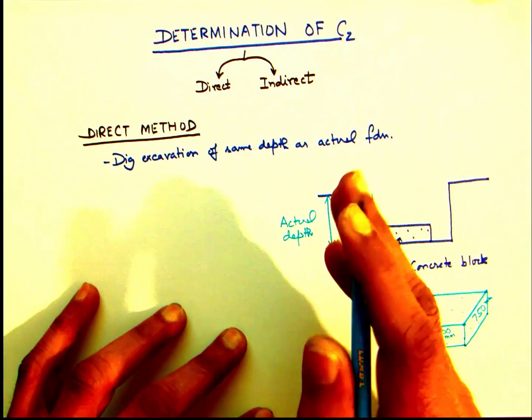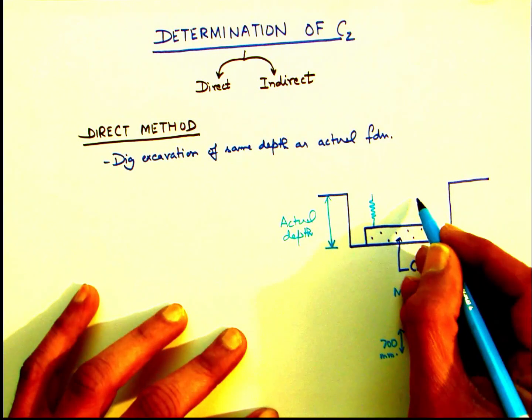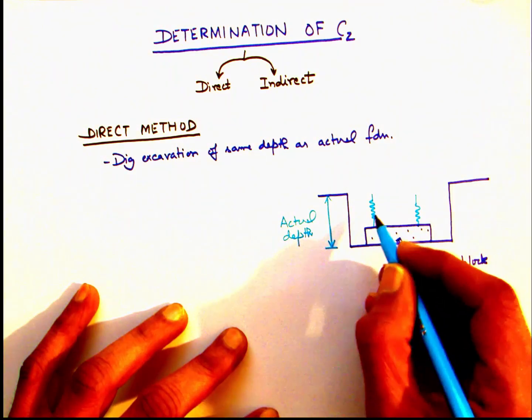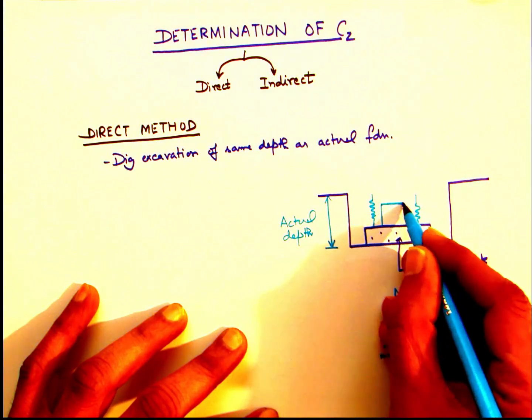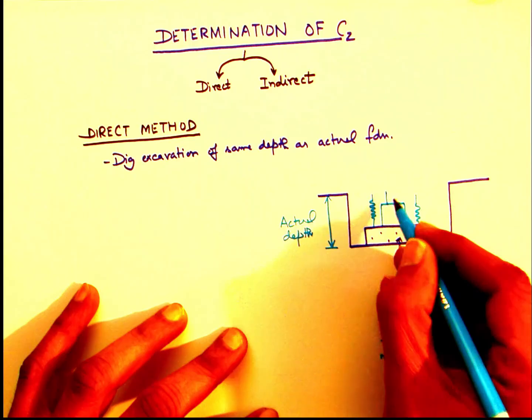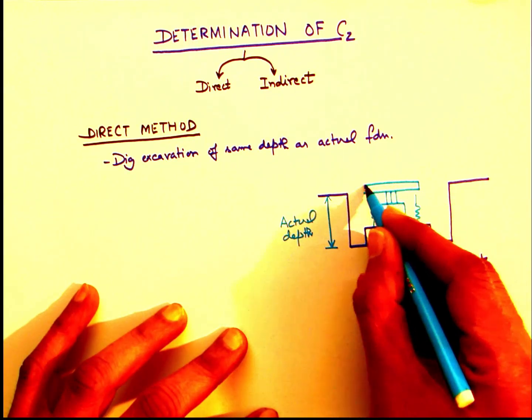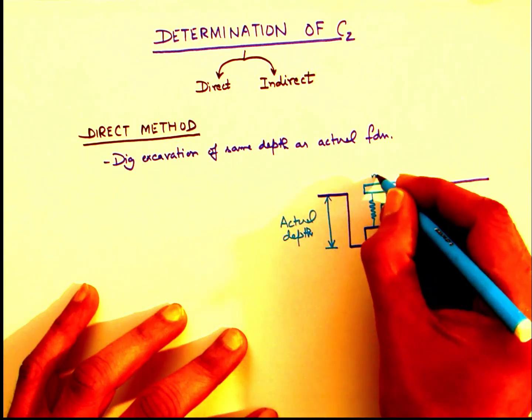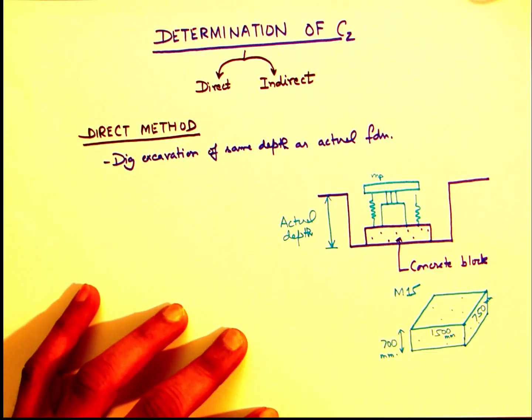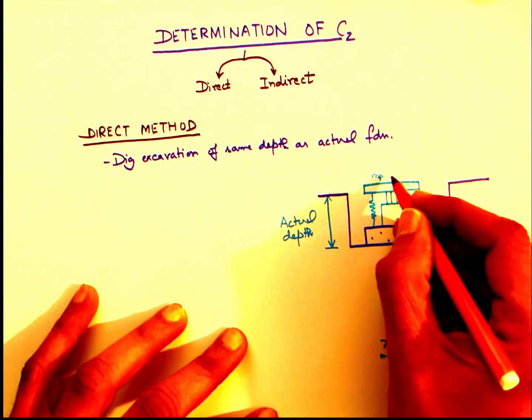Now on the top of this base concrete block, the shaker is to be positioned. It could be either the inertial type shaker using the electromagnetic principle or the electrodynamic principle, or it could be the rotor type dynamic force generating machine.